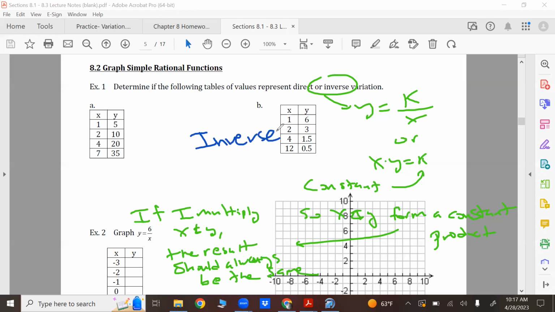Okay, what we're going to do today is graph inverse type relationships. That's what we're doing today. So a simple rational function, and can I clear? Okay, a simple rational function looks like this.